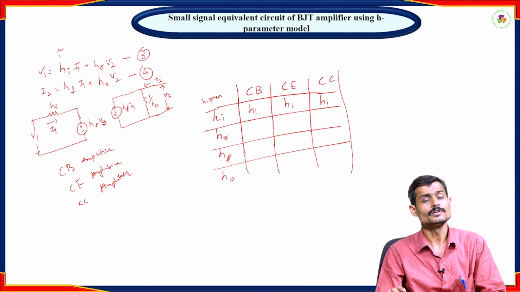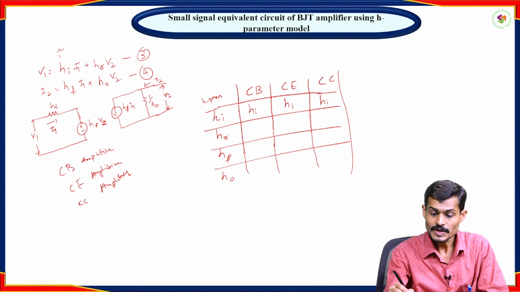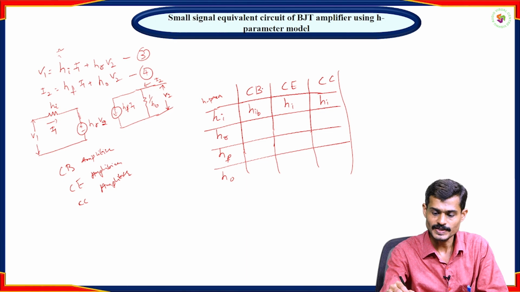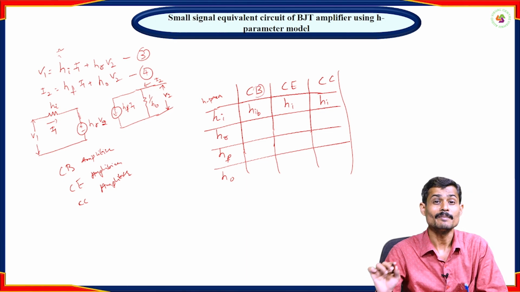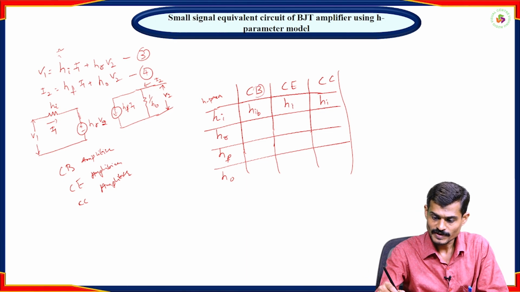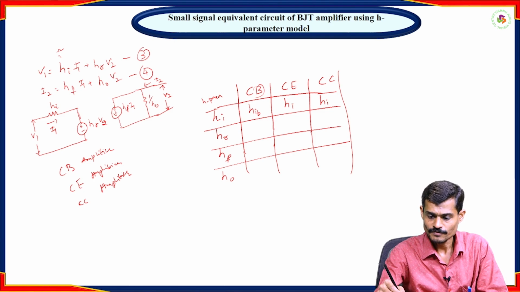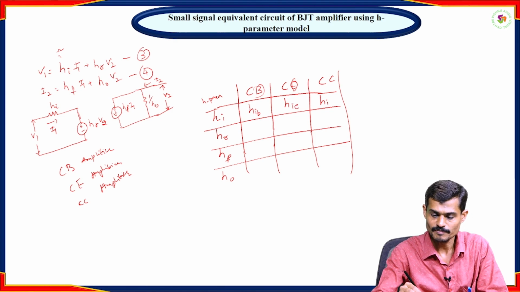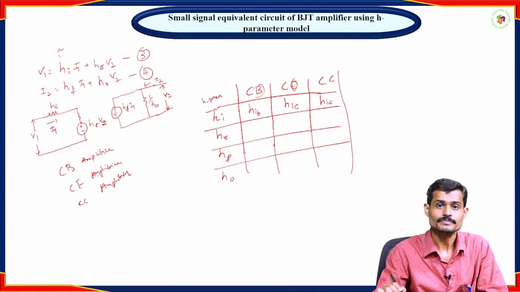Input impedance is HI only, but for the common base amplifier you add the subscript small b. For the emitter configuration it is HIE, with suffix E, and for common collector it is C.